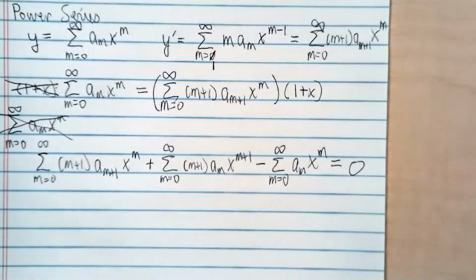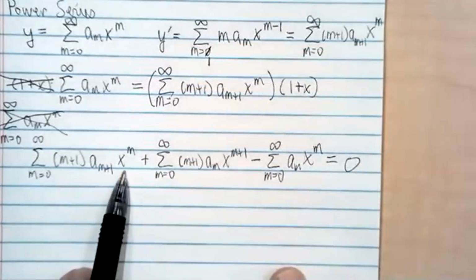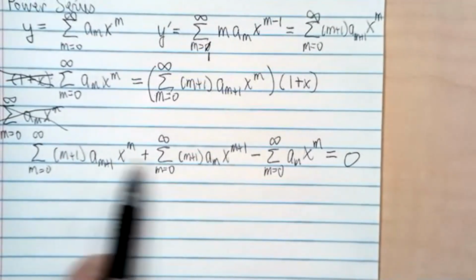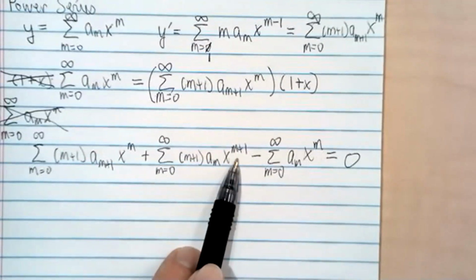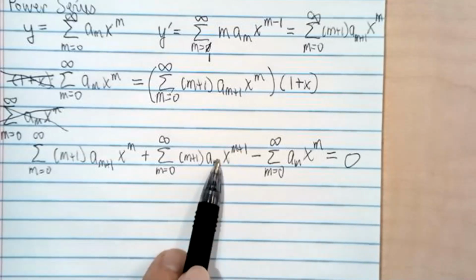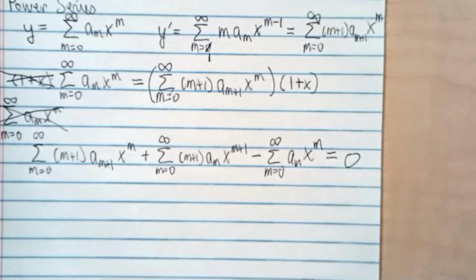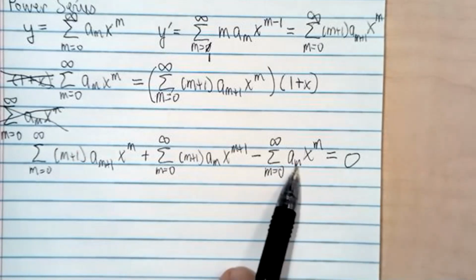Okay, now let's see. This one has x to the m, and this one has x to the m, but this one has x to the m plus 1. So I would like to lower these m's in here by 1, or I could bump these up one way or the other.